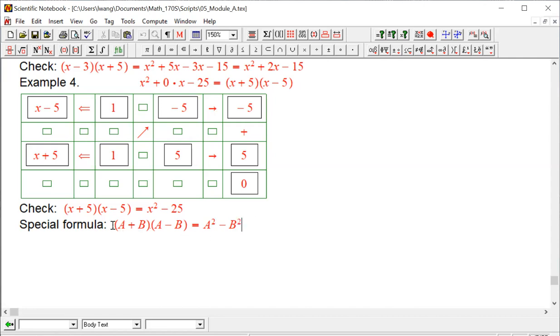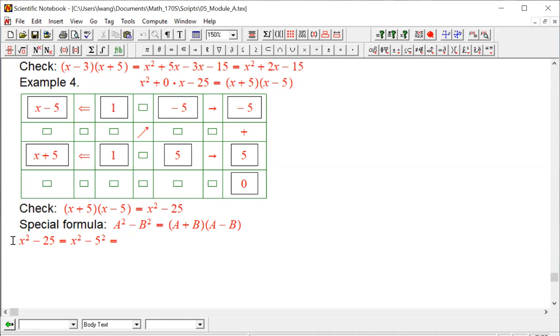Okay, so in other words, if you recognize the difference of squares form, you know it can be factored in this form, right? For example, in our case, we get x squared minus 25. So that's x squared minus 5 squared. 25 equals 5 squared.